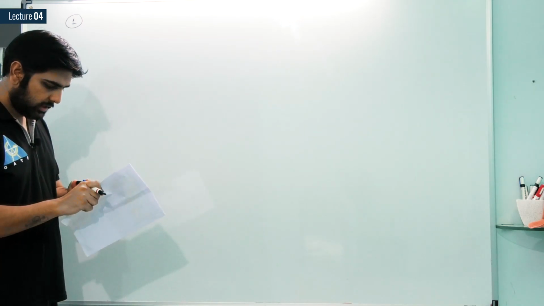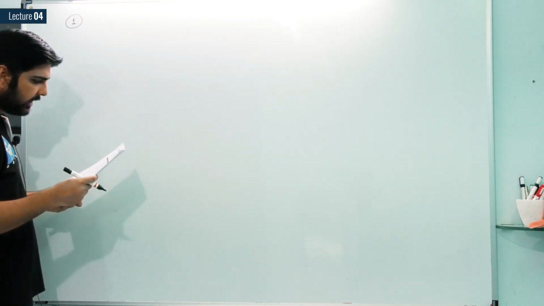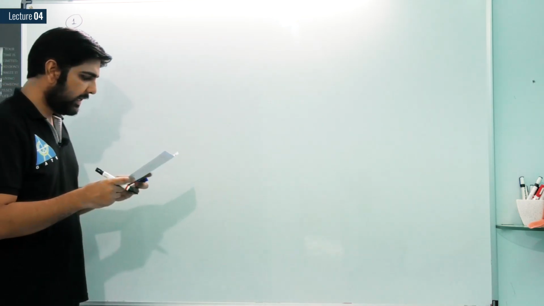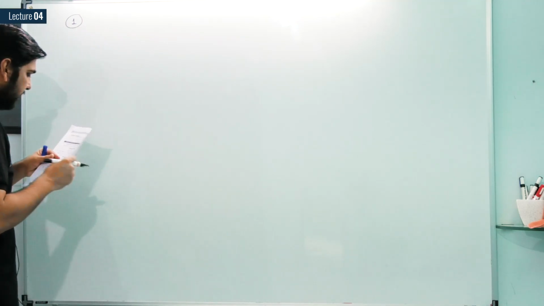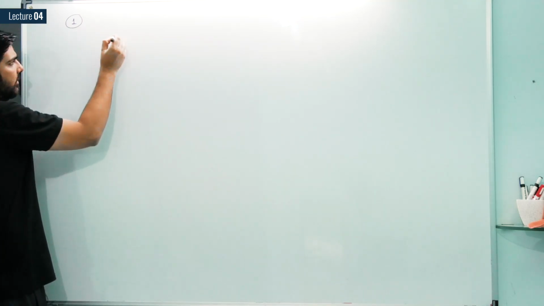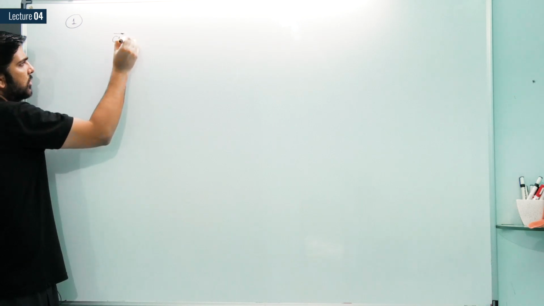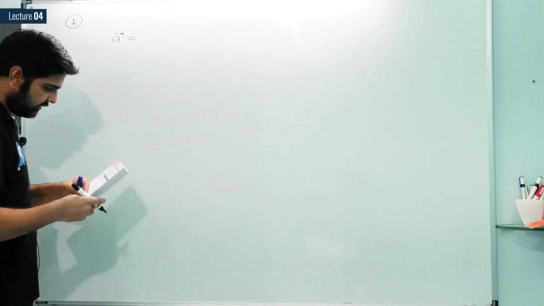You can see the angle in degrees between two planar vectors. The first vector is given as vector A is equal to, so what is the given vector, dear students?